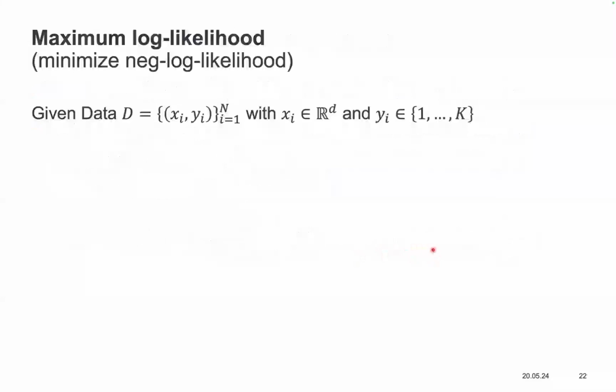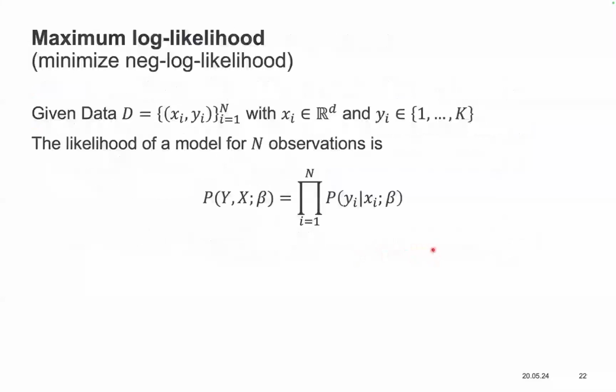Now, again, having this data, what is the likelihood of a model? What is a model? A model basically is something where we have fixed the weight vector. And our data comes with descriptions of our x's and our y's. And now what is the probability that we see this data once we have fixed our weight vector?